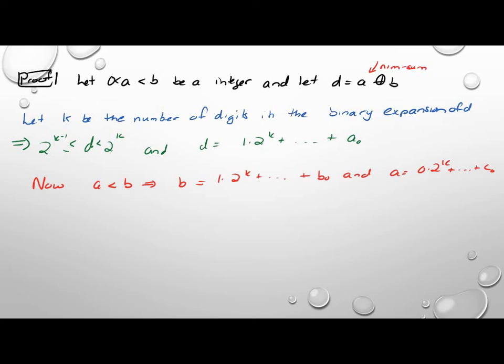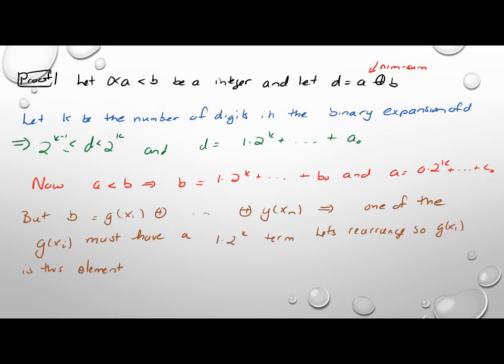A is less than b. Well, what does that mean if this a is less than b? Well, if a is less than b, then b must be the one with a 2 to the k digit. And a can't have a 2 to the k digit because it's smaller. But b is defined to be the nim sum of all these guys.